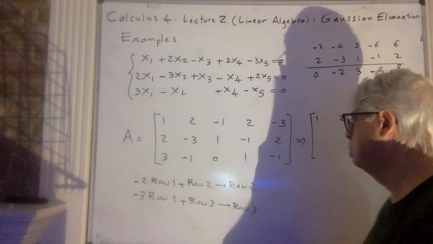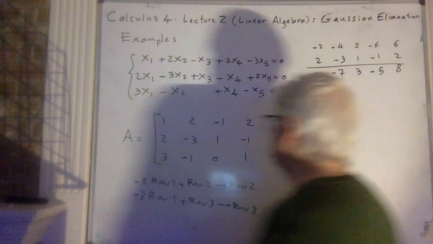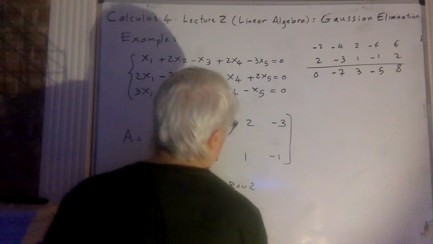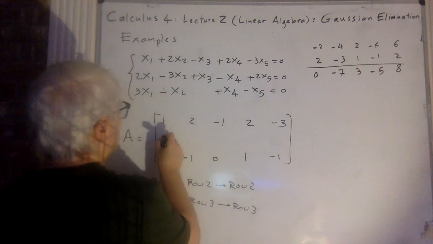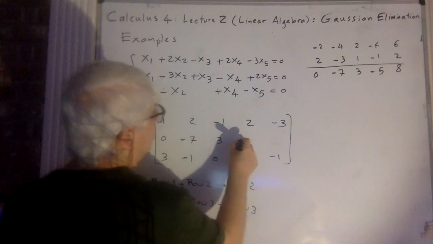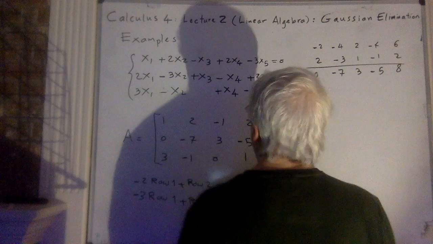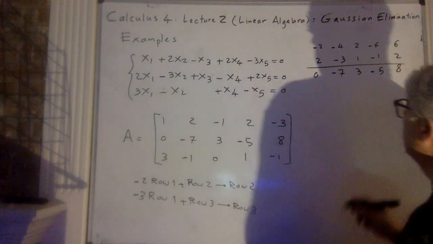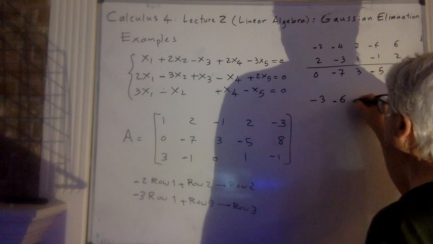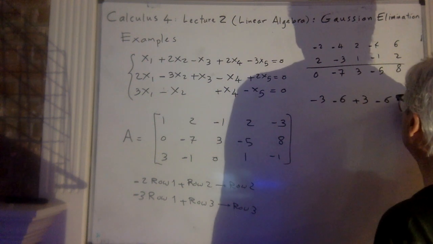Well, let's just do it here. So let's change this. So the second one will become 0, minus 7, and 3, minus 5, and 8. Now, minus 3 times row 1 is minus 3, minus 6, plus 3, minus 6, plus 9.